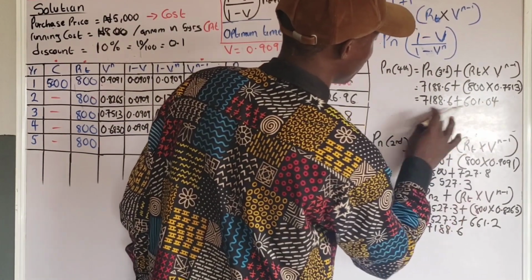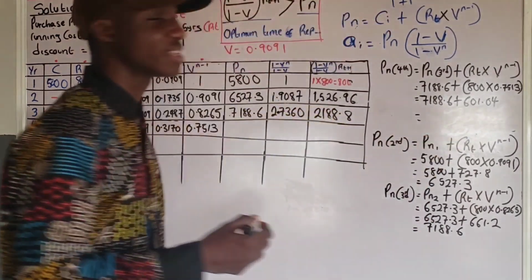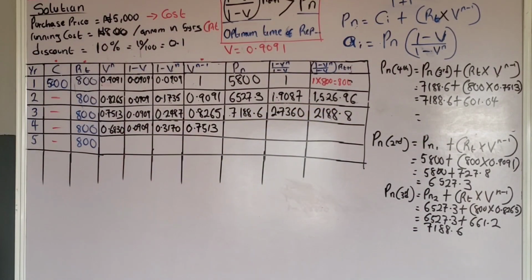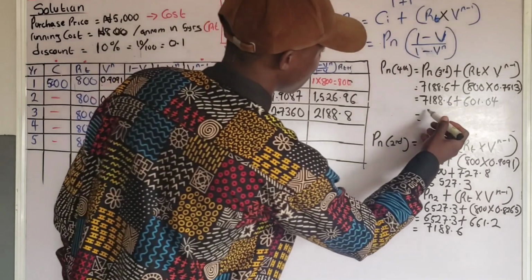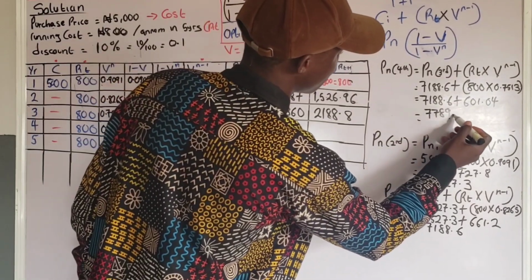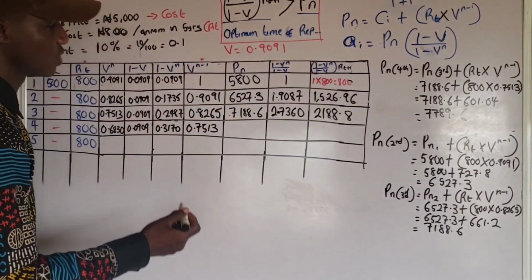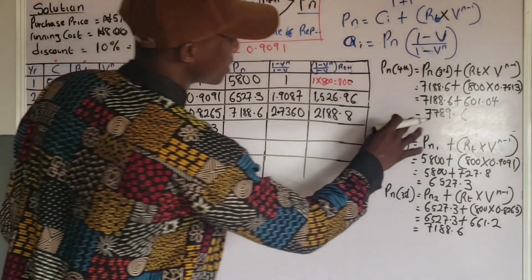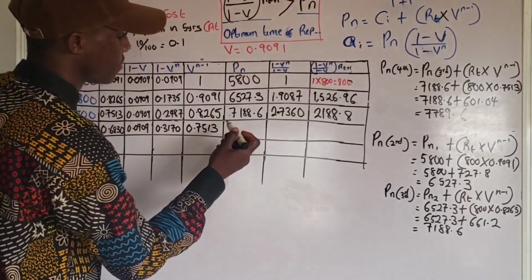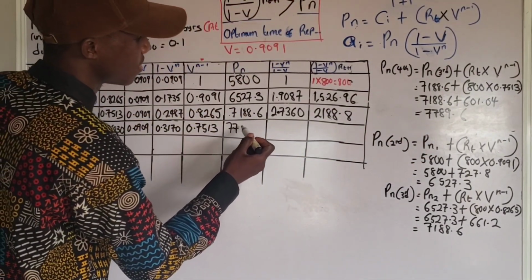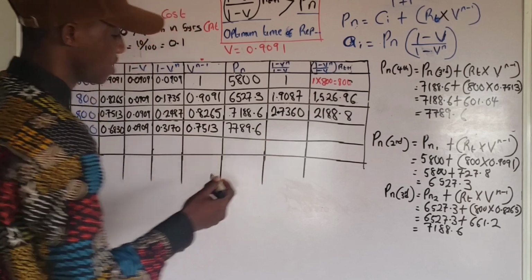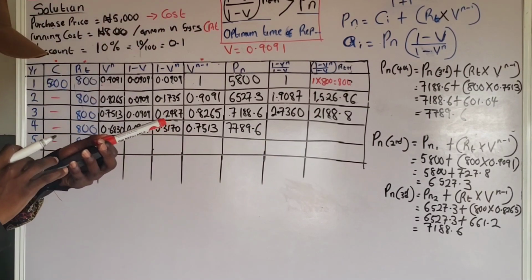So now add this together. 7188.6 plus 601.04 is 7789.6. So the Pn of the fourth year is 7789.6. Do you understand?